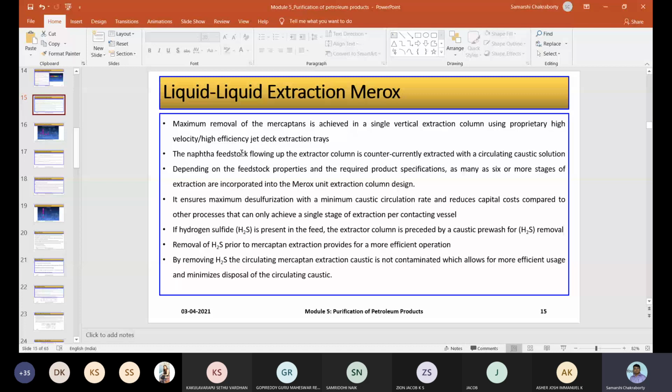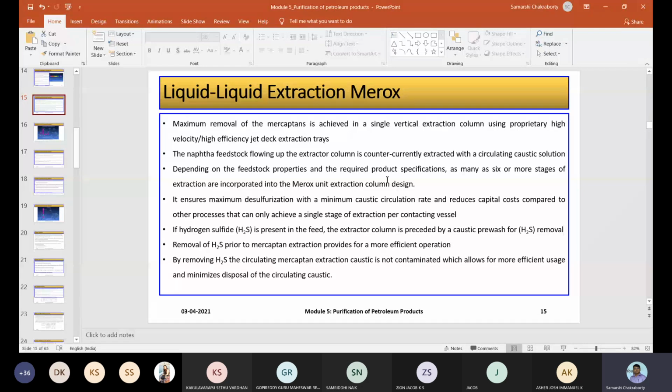So you see that naphtha feedstock flowing through the extractor column is counter-currently extracted with a circulating caustic solution. So the first stage of treatment is with the caustic solution.